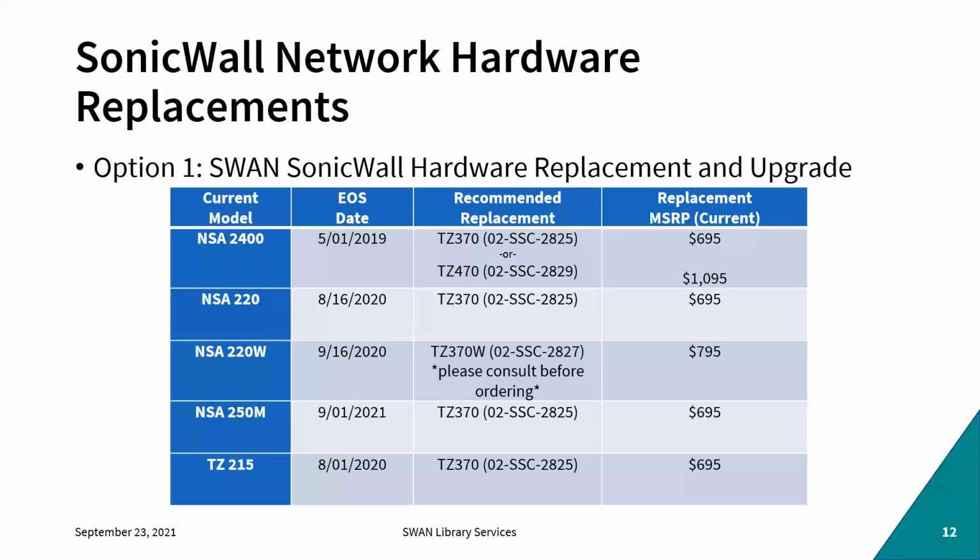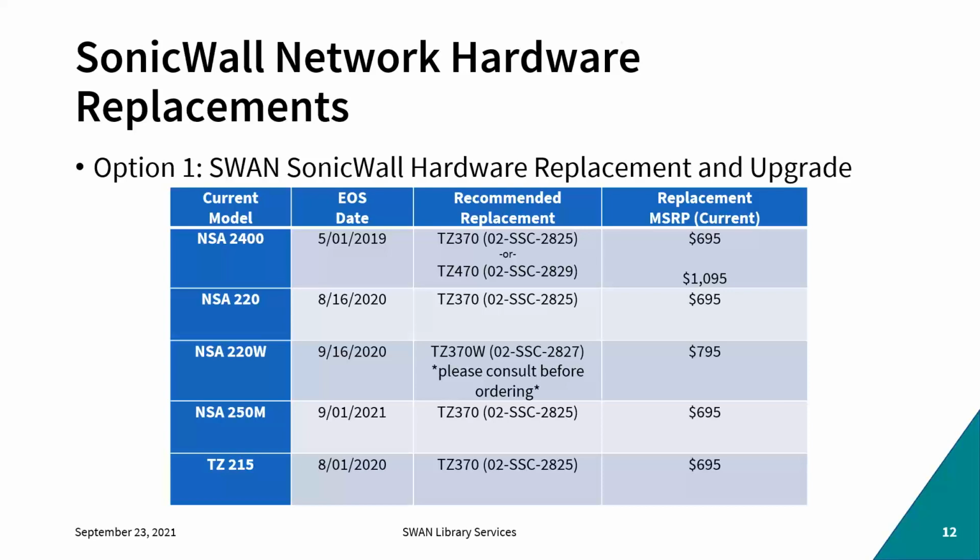This is not everyone's hardware, so these are just specifically the equipment that has gone end of support, or is going end of support, which actually we've exceeded September. So now all of these models are end of support, and these are in a lot of our libraries.